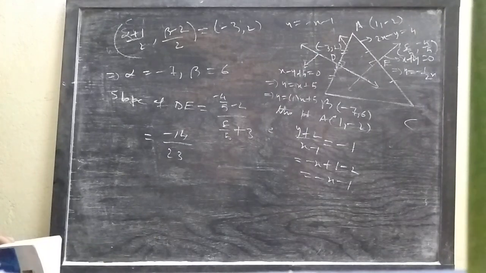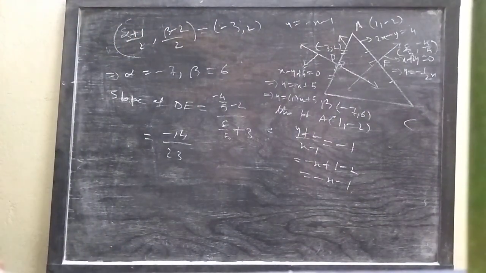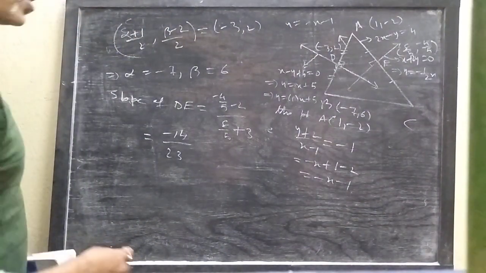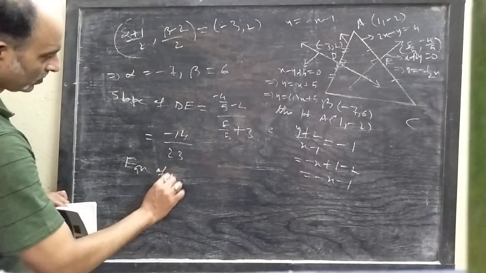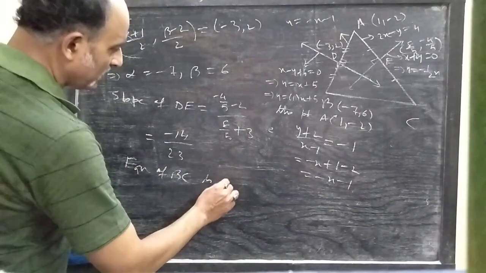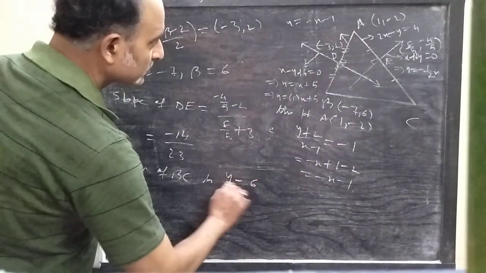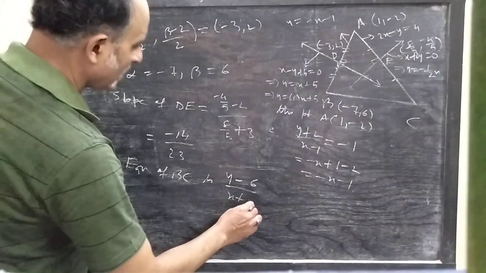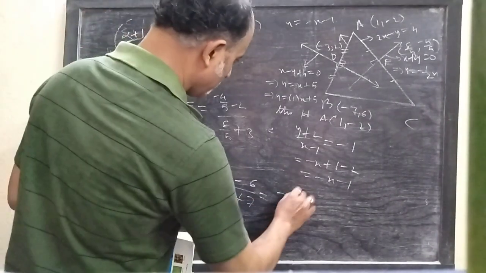This is the slope of DE. As DE is parallel to BC by the geometric theorem we know, we can write the equation of BC as (y minus 6) by (x plus 7) equals this slope, minus 14 by 23.